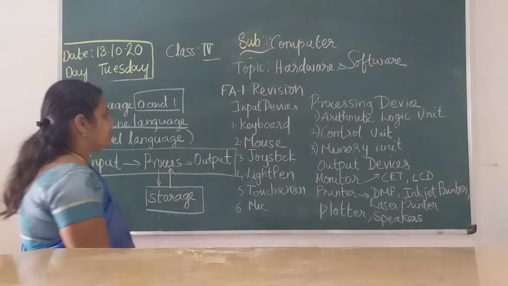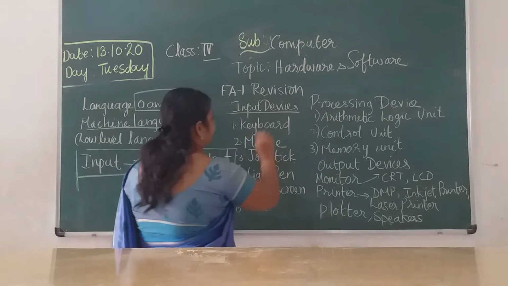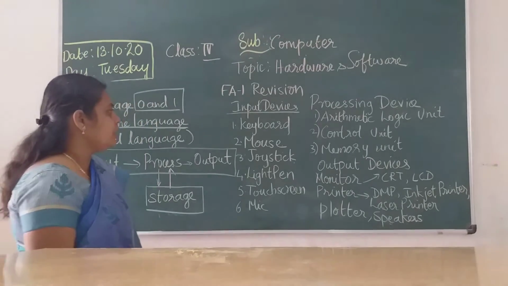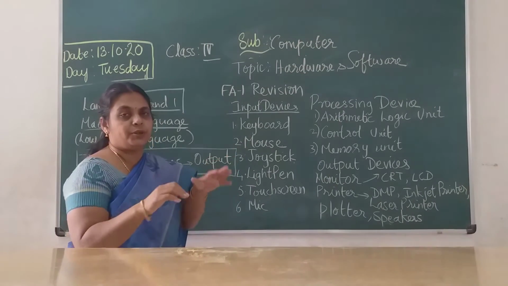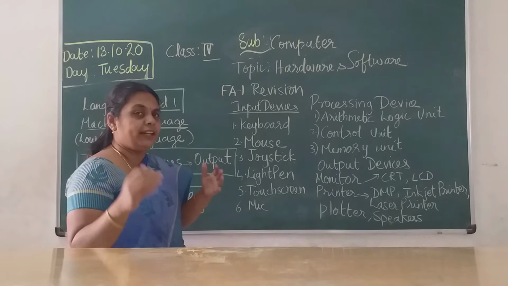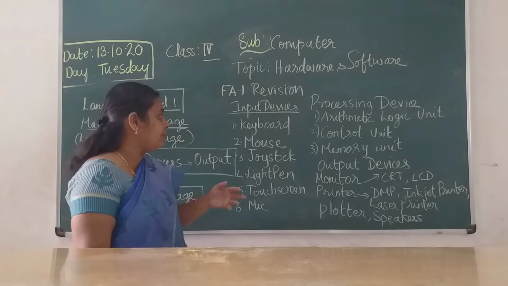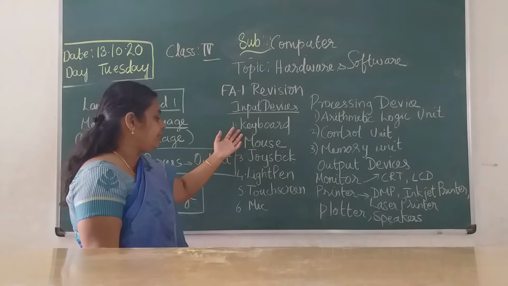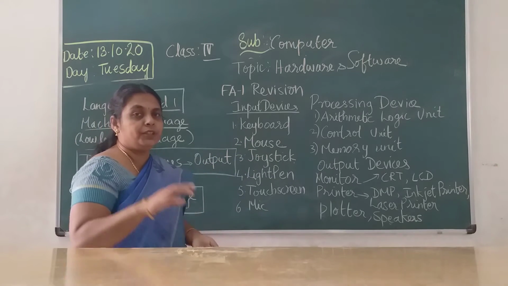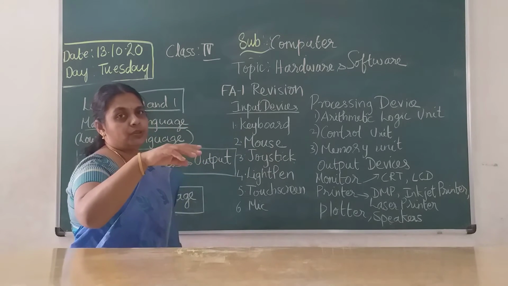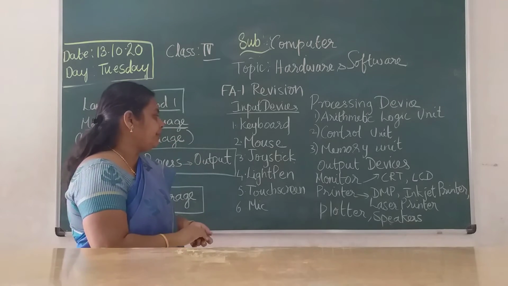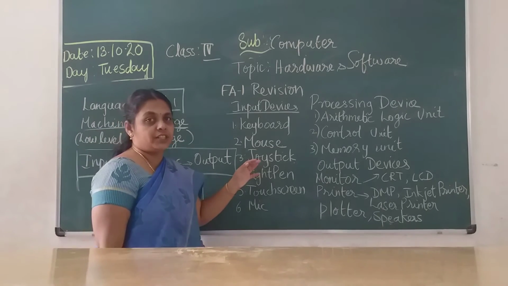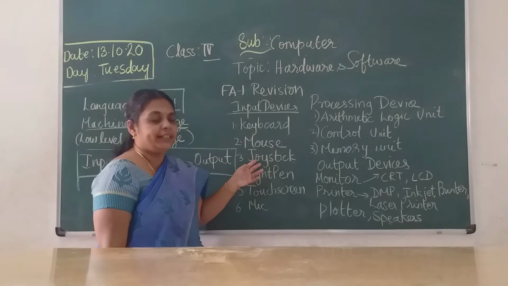So we will see, children, some of the input devices. The keyboard has keys with alphabets, alphanumeric characters and numbers. You press them to give instructions. The mouse you click, with the left button or the right button. Then the joystick, which is used to play games.